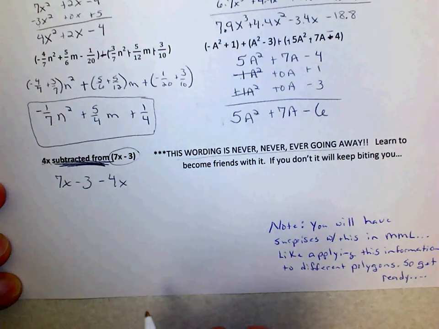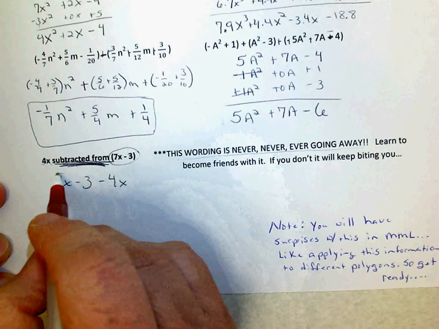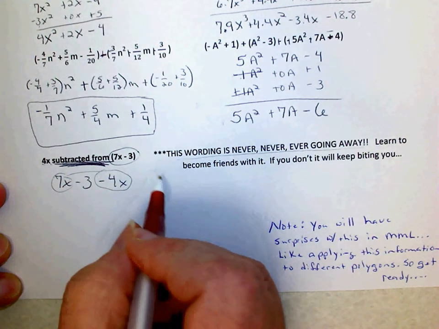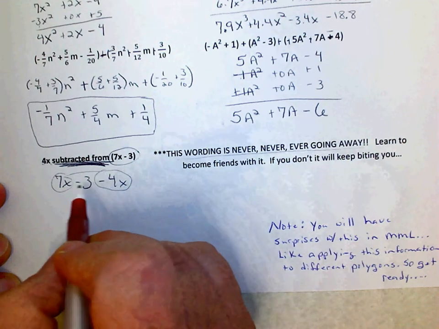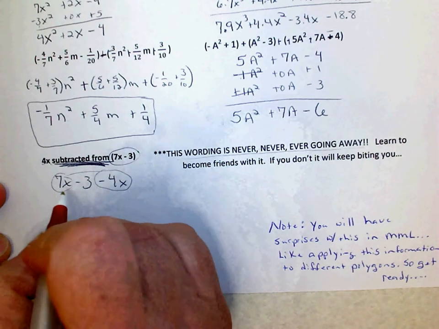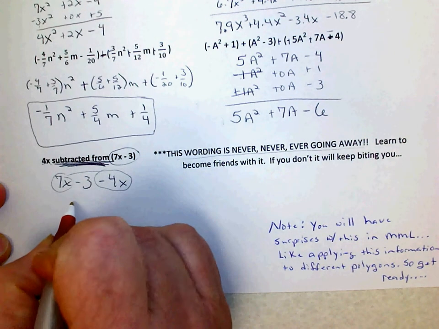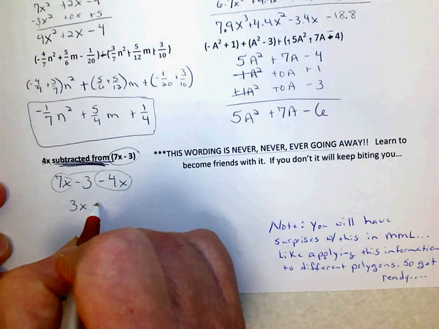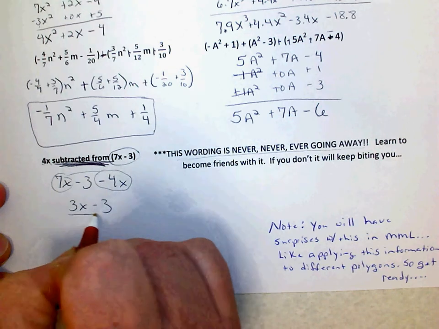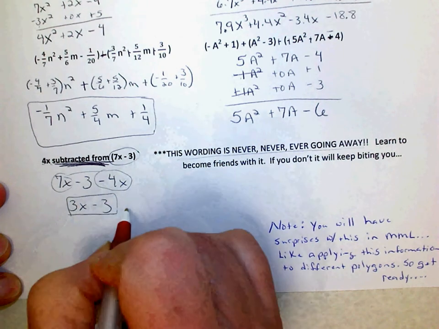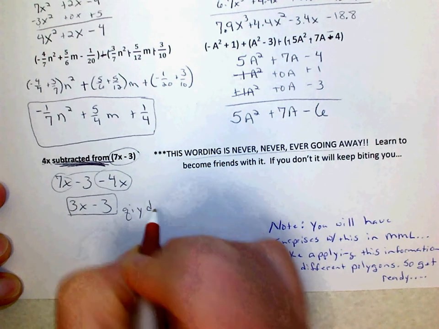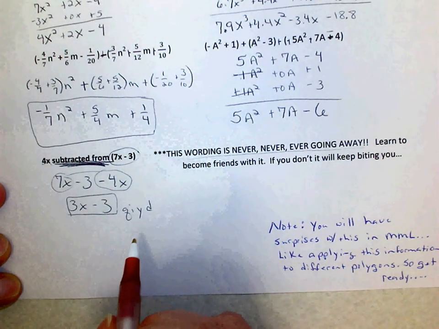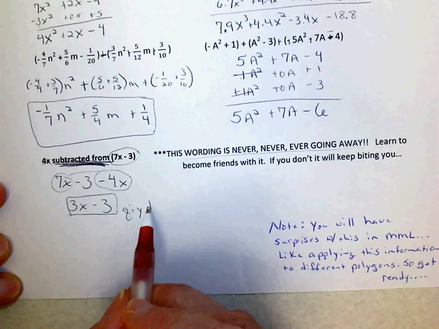And this has an x, and this has an x, and there's no equals to take them across, so all we have to do is combine them. 7 minus 4 leaves us positive 3x, but we still have our minus 3. And remember, this is a QIYD problem because it doesn't look like an answer, but it really is. So quit, you're done, because this really is your answer.